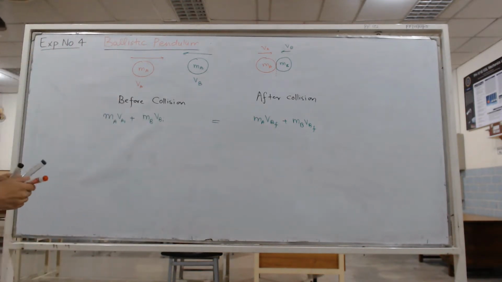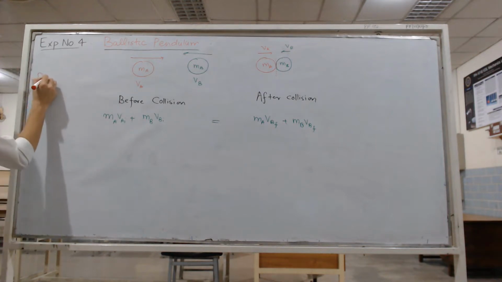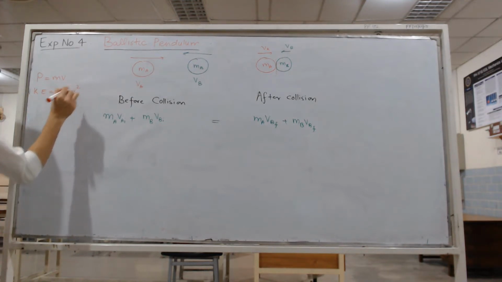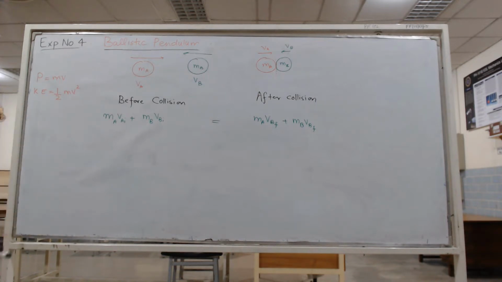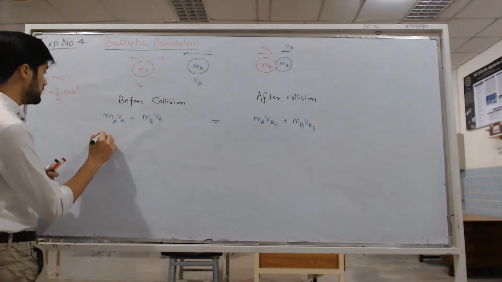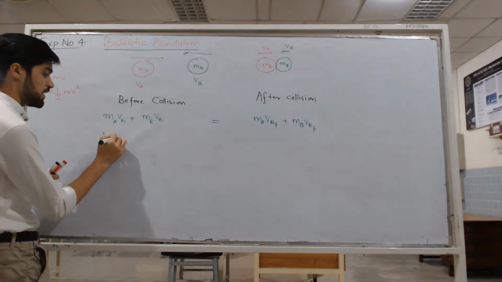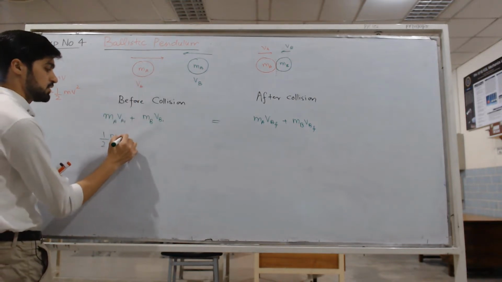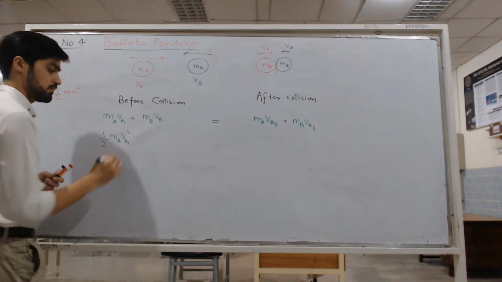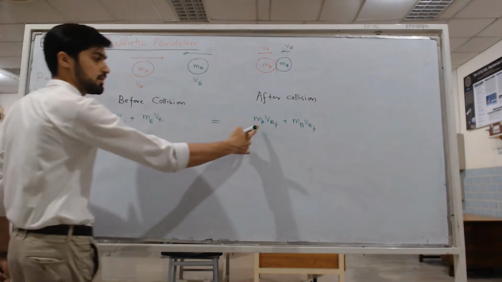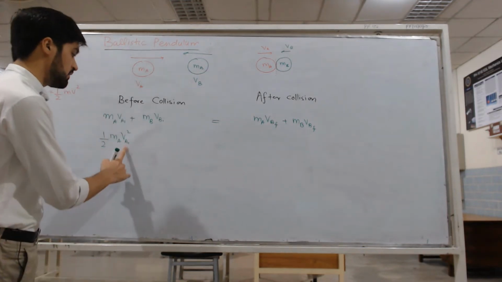Similarly, for kinetic energies, momentum P is equal to mv, simple, mass into velocity, and the kinetic energy is equal to half m times v squared. So this is actually the kinetic energy. So the initial kinetic energy will be half m_A v_Ai whole square, because mass remains constant. So we cannot write i here, not here, also not here. So we will write i with the velocity only.